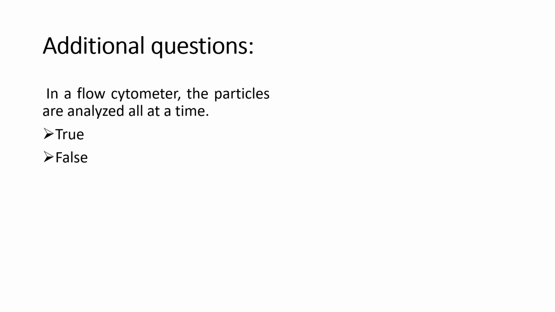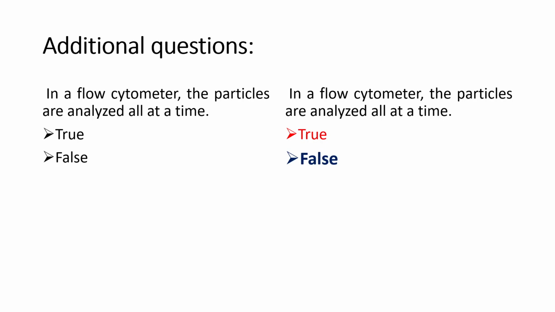So let's see. Yes, this statement is false, because in a flow cytometer, the hydrodynamic focusing of cells ensures that they are made to pass in a single file, one by one, through the nozzle, so that they are interrogated one at a time, and the results are interpreted one at a time. So the particles are not analyzed all at the same time, and therefore the statement is false.